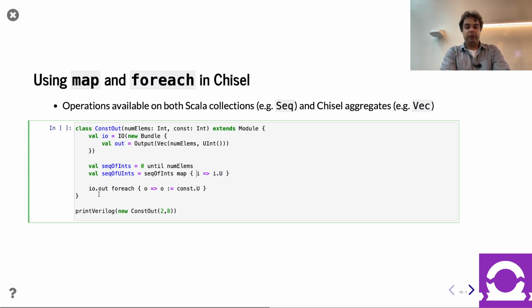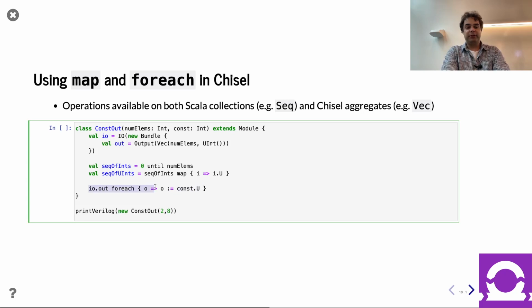This thing's not anywhere in the output, by the way. It's just us showing off that you can do this. But the actual output is going to be a constant. For the actual output, we're simply going to take every output and connect it to the constant as a UInt.